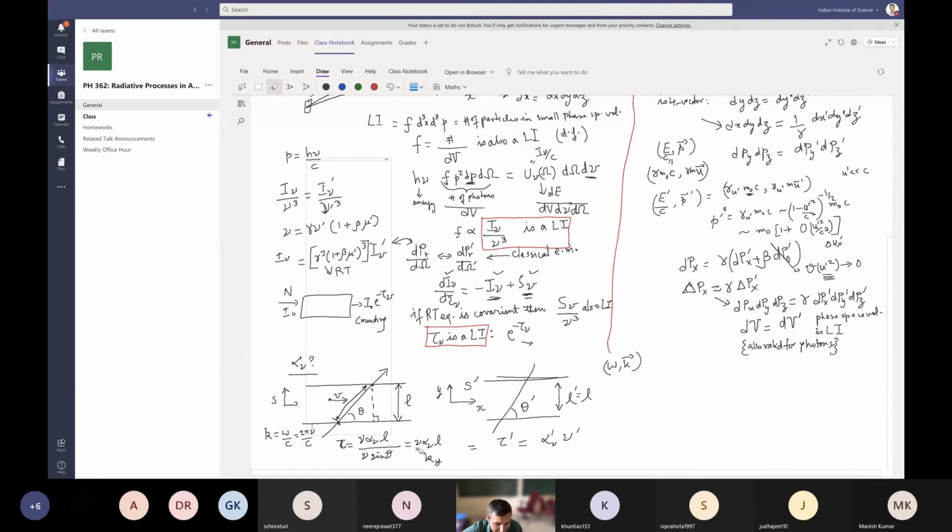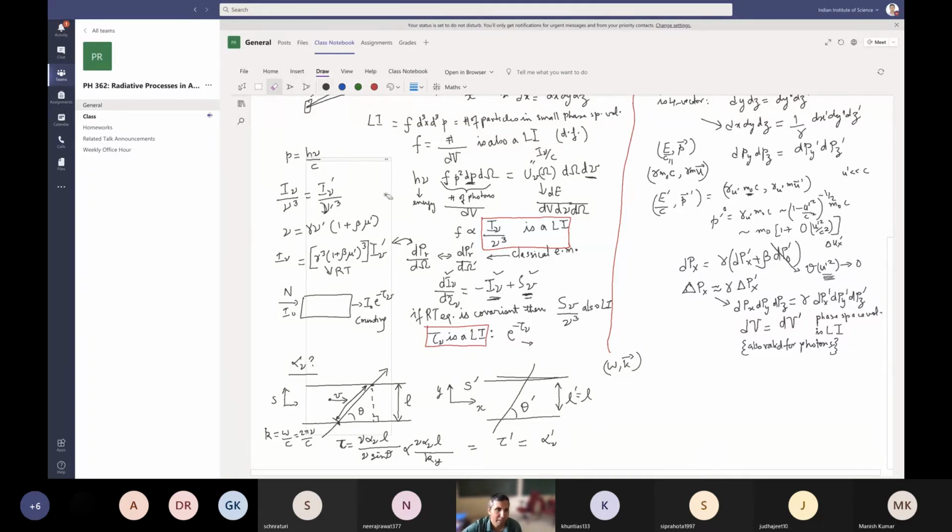This is a proportionality sign, so this has to be proportional to. And tau and tau prime are equal because they are just counting the ratio of the particles which are escaping. So this is nu prime, alpha nu prime.